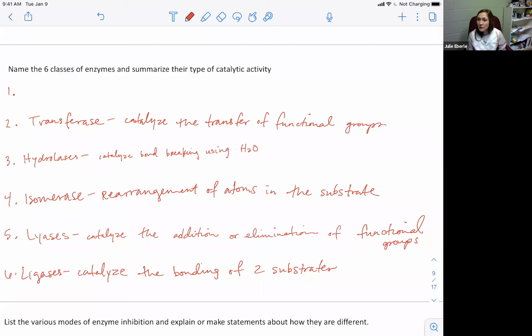Transaminases we talked about in chapter 25 with amino acid catabolism. We have the transaminase reaction where you switch the double bonded oxygen and amino group. Okay, that leaves one. Oxidoreductase. Yep.